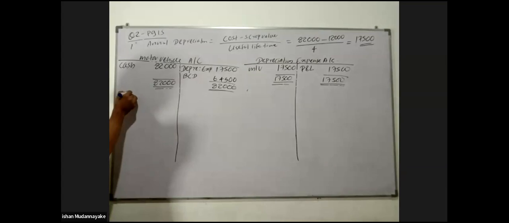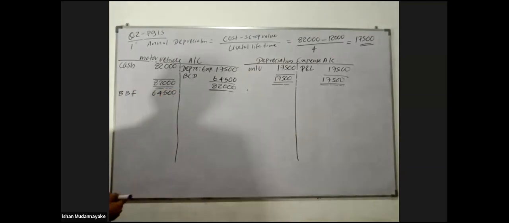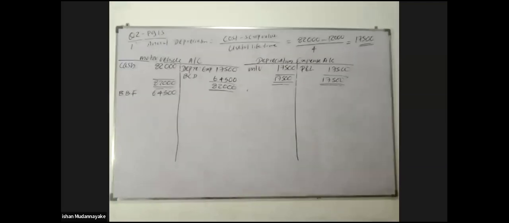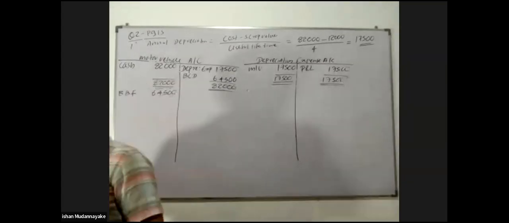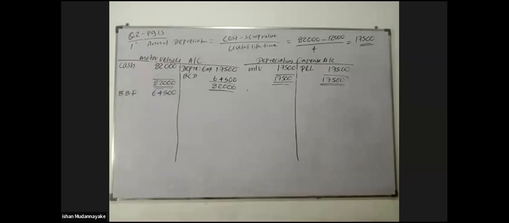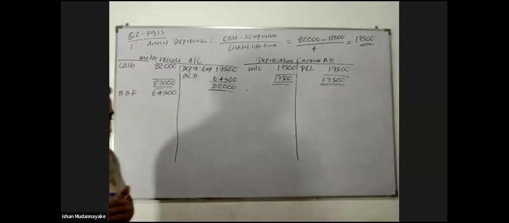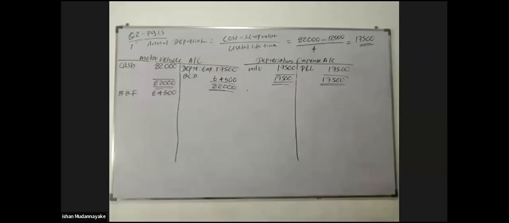Balance carried down 64,500, and then here balance brought forward 64,500. Okay, next. End of the year one, closing motor vehicle balance.